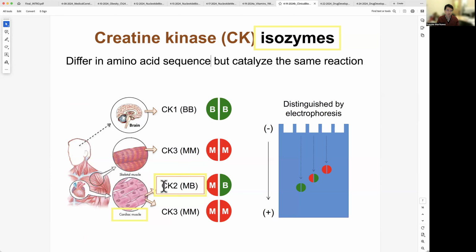But CK2 is specifically made by cardiac muscle, and that can be distinguished by some method you don't need to know. So the release of CK2 can serve as a biomarker for cardiac muscle damage. When damaged, it is released, shows up in your blood, and can be detected.